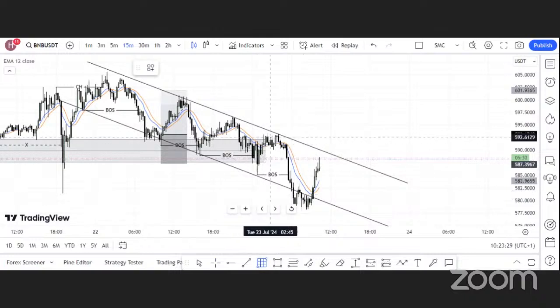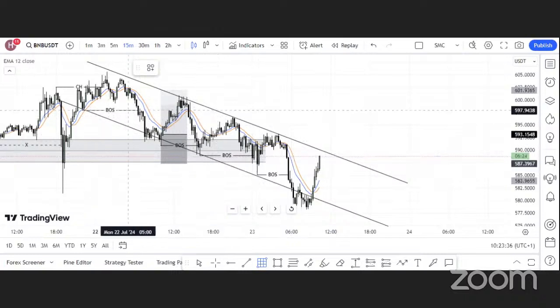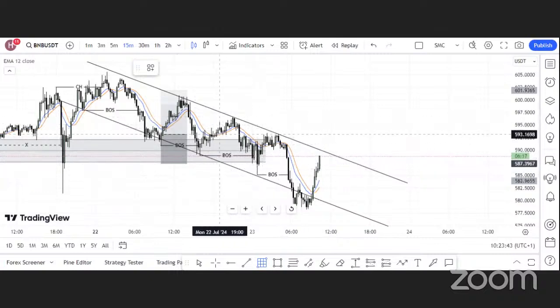This whole area, you see, when the market started trading to the downside from this level, it kept creating lower lows and higher lows. Every high is a resistance level, and every low is a support level.